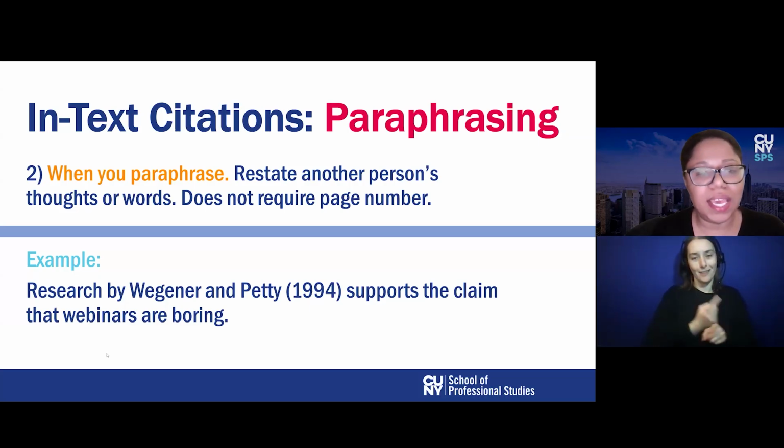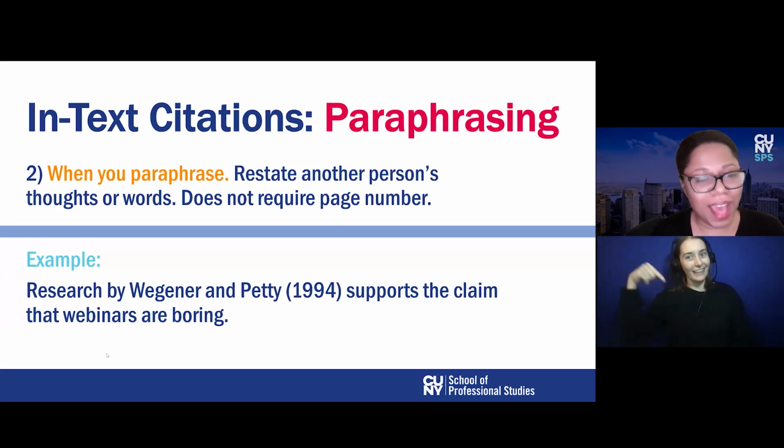You can see an example on the screen of what paraphrase citations in the text might look like. In this case, it says research by Wegner and Petty, and then in parentheses the year 1994, supports the claim that webinars are boring. Hopefully, this is not terribly boring.